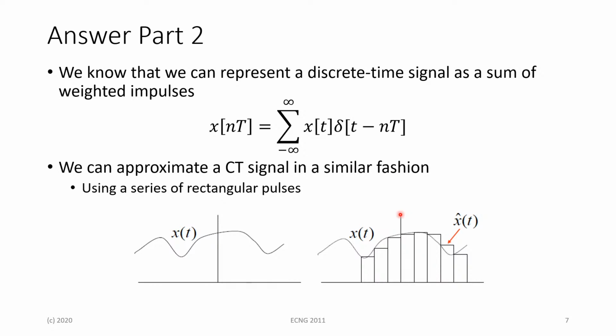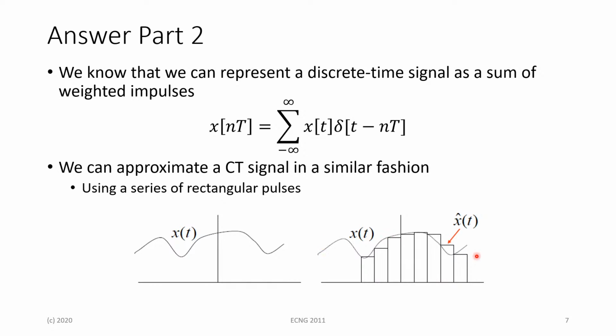So what happens is that we have a series of rectangular pulses where the width of the rectangular pulses is really small to simulate something close to an impulse. So in approximating the continuous time signal, we use this series of rectangular pulses in order to obtain our sample continuous time signal, resulting in our discretized time signal.